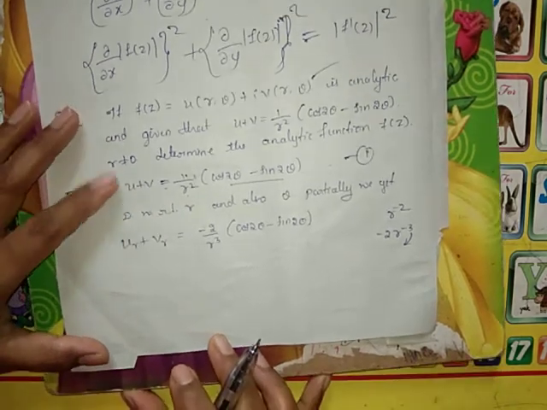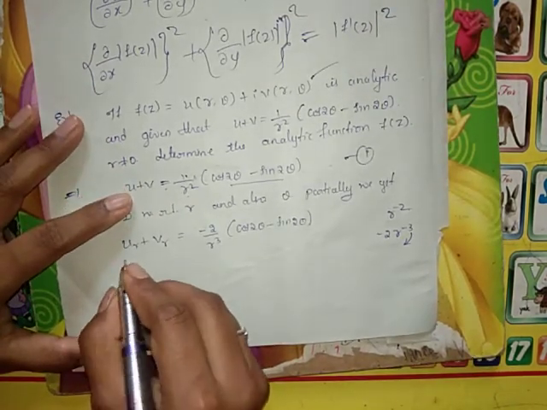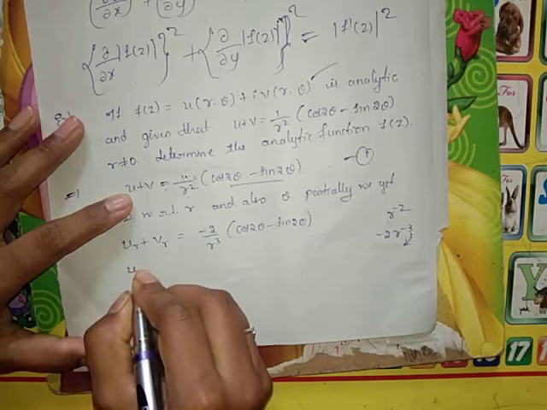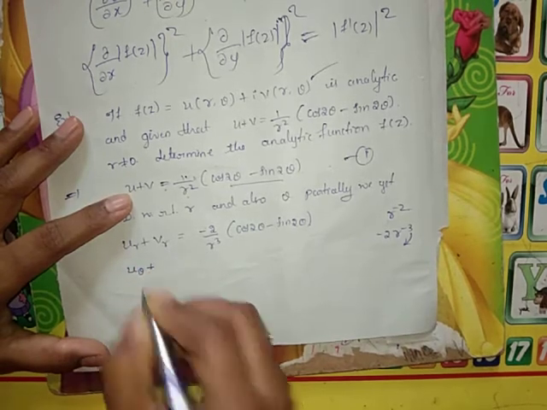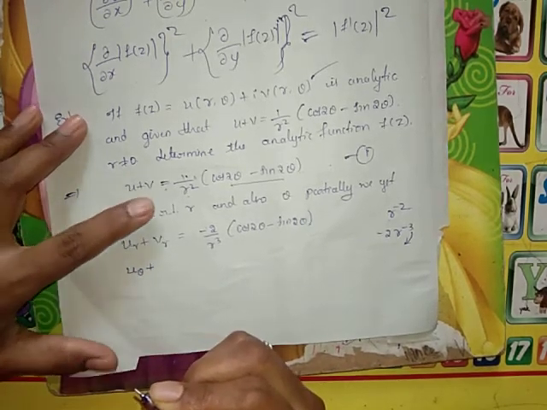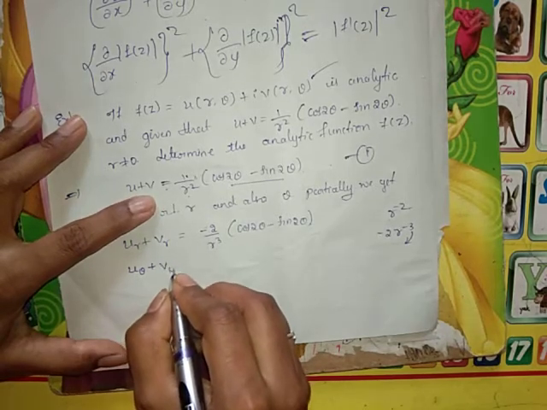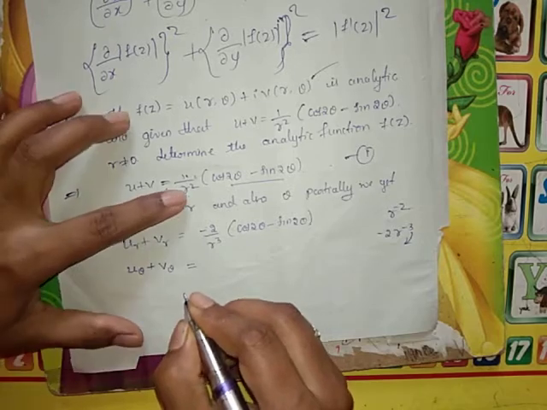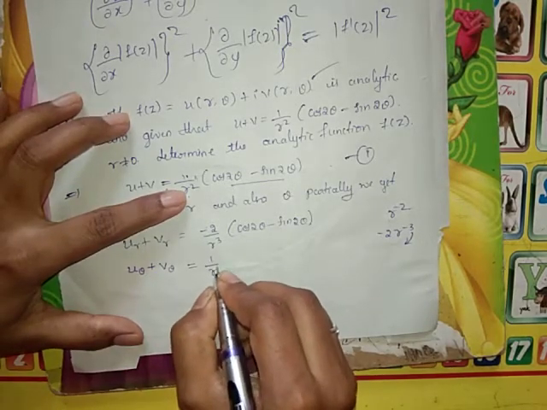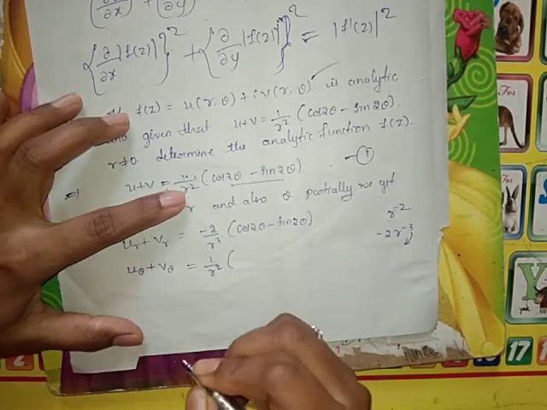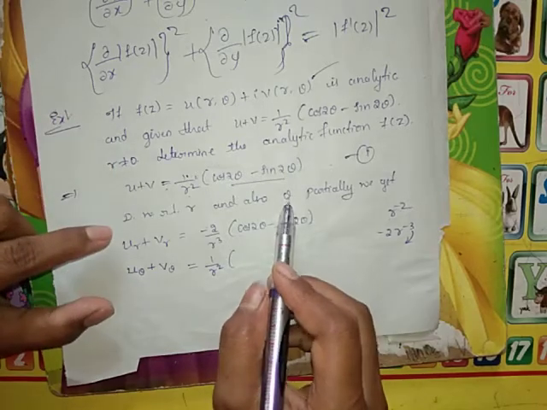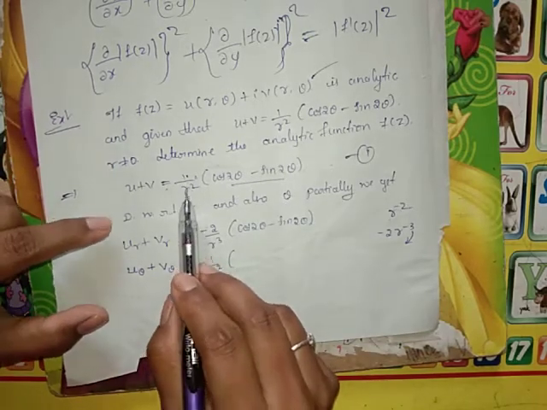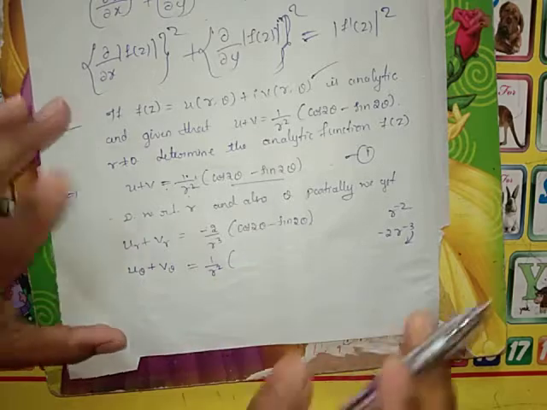Now taking the derivative with respect to theta. Derivative of u with respect to theta is u theta, derivative of v with respect to theta is v theta, equal to 1 by r square, which is a function of r, keep as it is. When we take a derivative with respect to theta, r is constant. When you take derivative with respect to r, theta is constant.